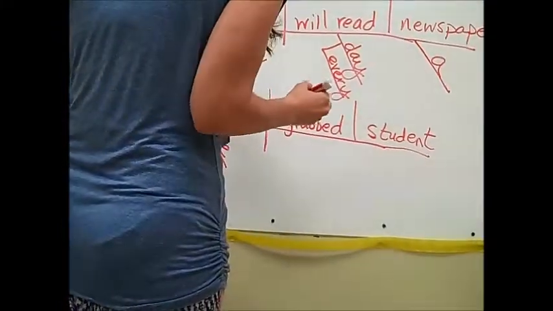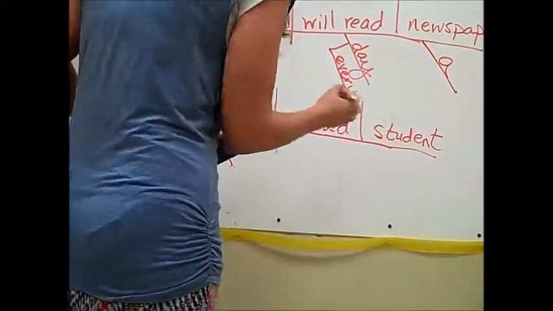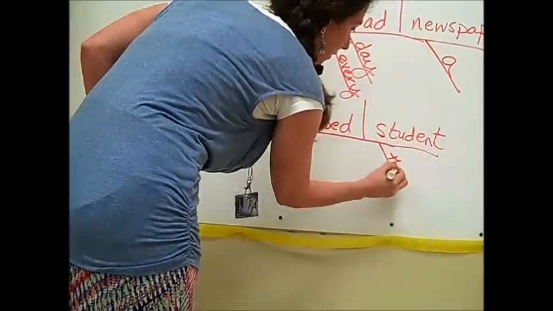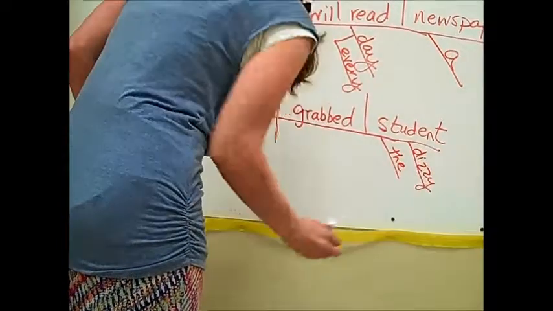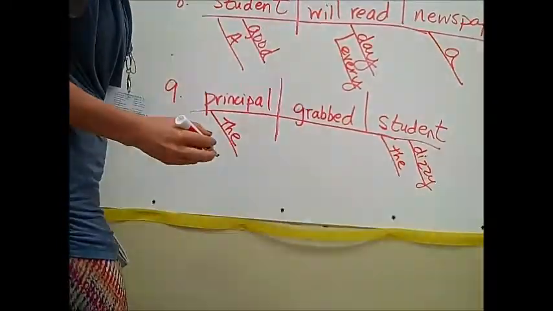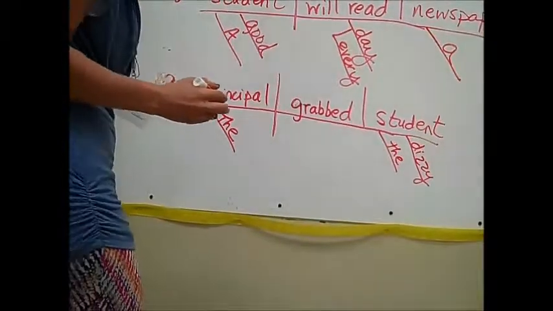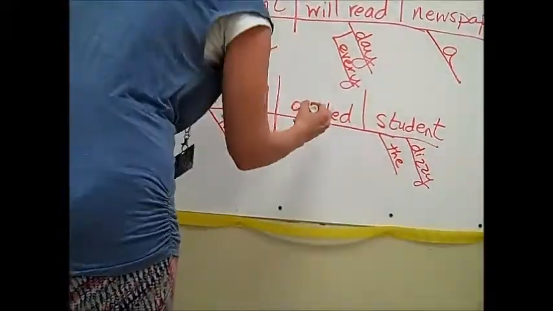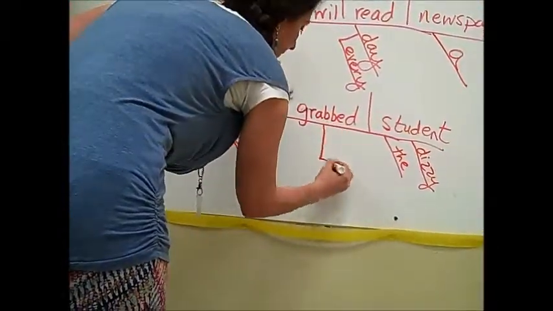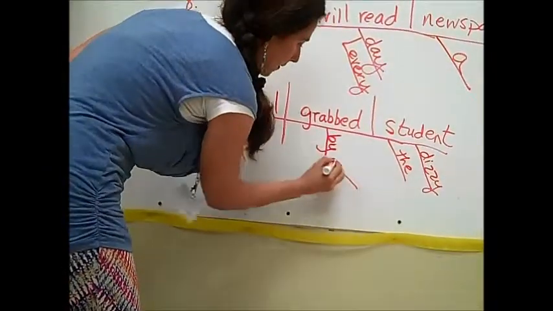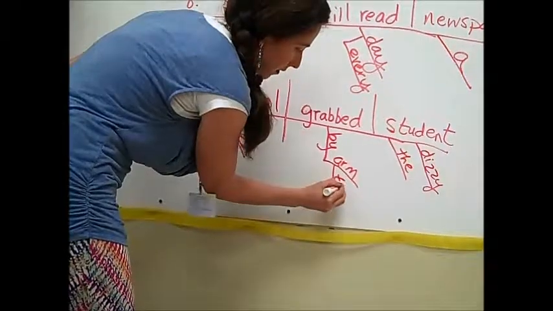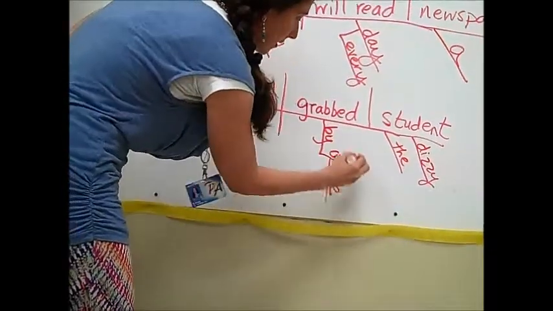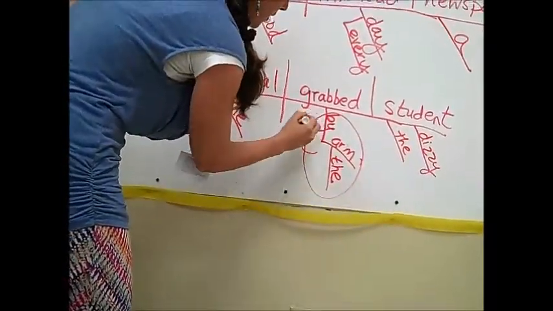Grabbed the dizzy student by the arm. So the, dizzy. Now, by the arm is going to be a prepositional phrase that tells us where he grabbed the student. Okay? This is an adverb prepositional phrase modifying grabbed.